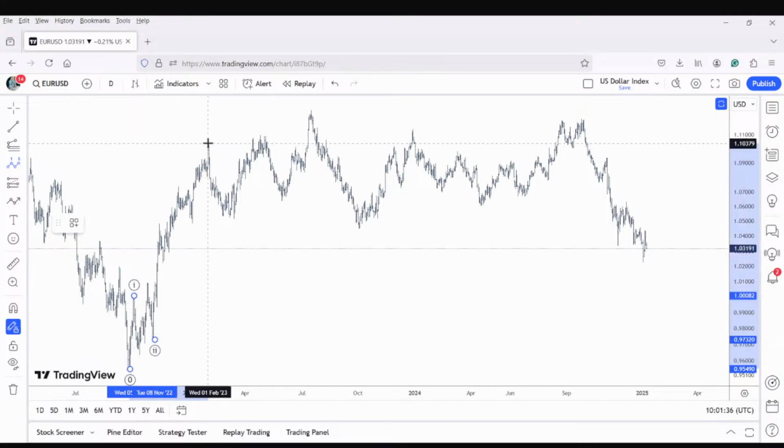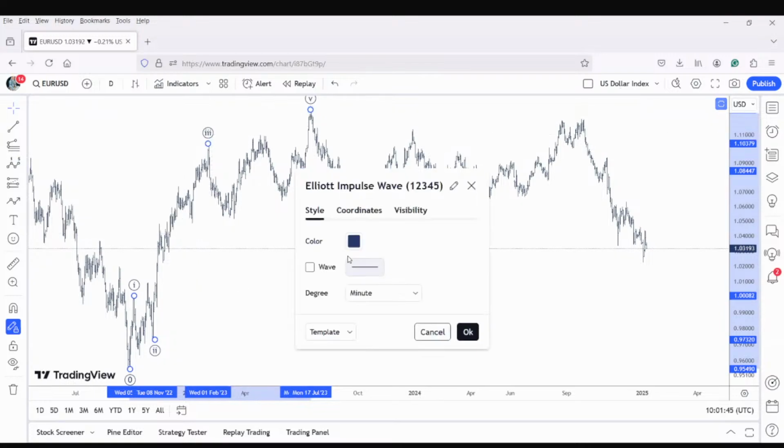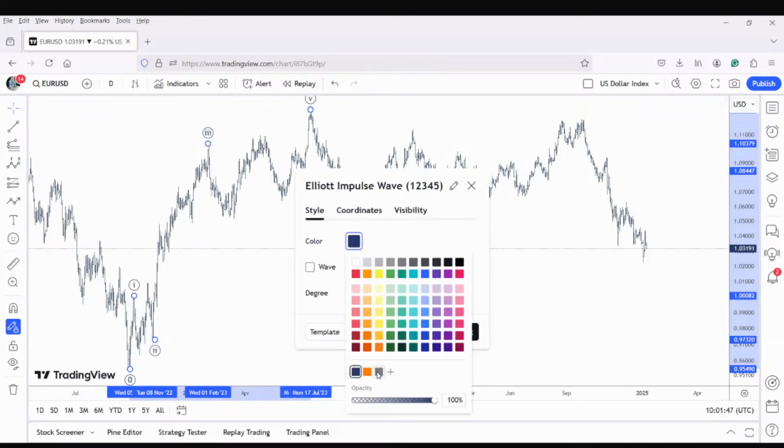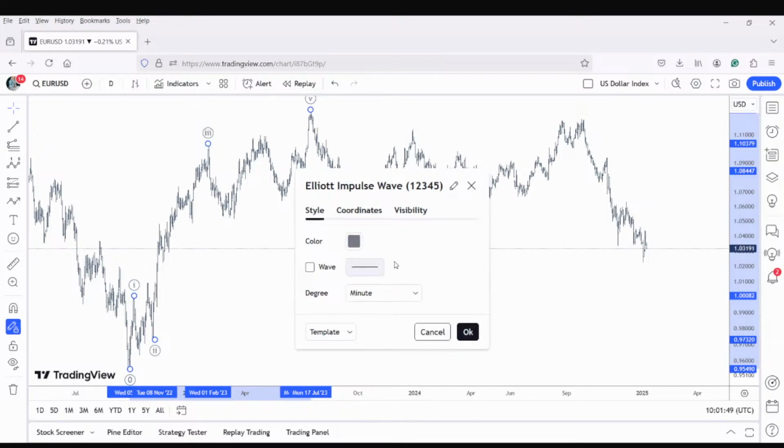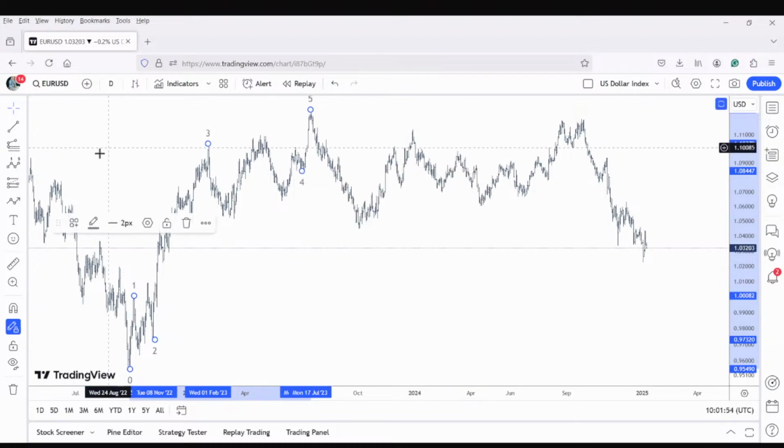I'll have to change the degree here. The first impulse of a minor wave, minor degree, which was followed by a corrective wave ABC of a similar degree.